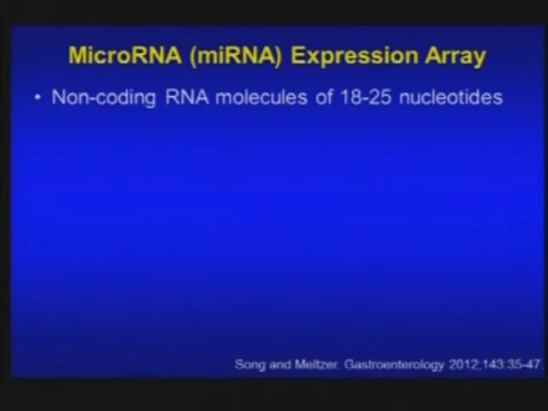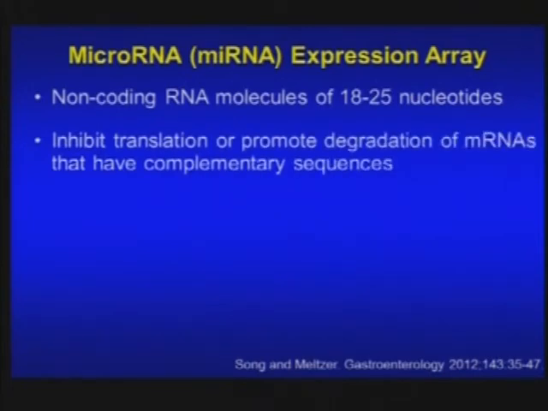And rather than using expression of mRNAs, this is the new kid on the block, and I think most studies are going to be talking about using microRNA expression arrays. So I just wanted to give you some information about what they're actually talking about when you're looking at microRNA. These are non-coding RNA molecules, and they're about 18 to 25 nucleotides, so they're really small RNA molecules.